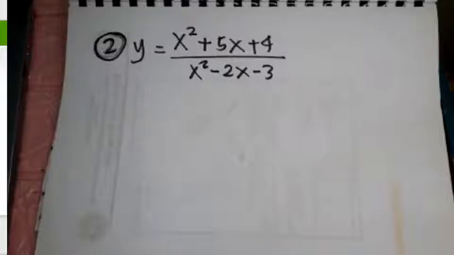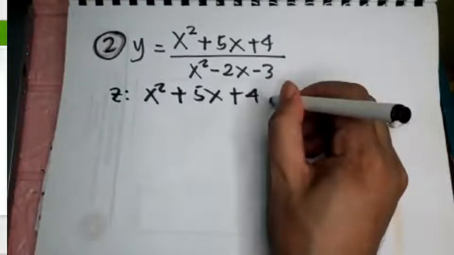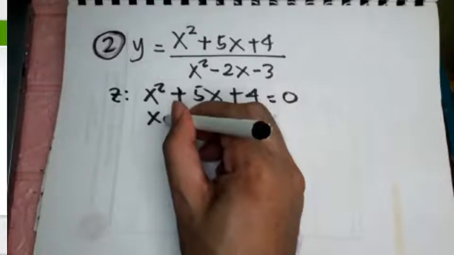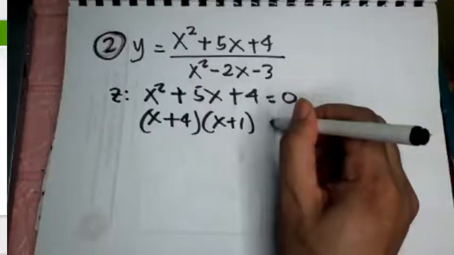So, let us solve for the zeros. So, zeros, that is the numerator. So, numerator x squared plus 5x plus 4 is equal to 0. And therefore, we can factor: x plus 4 and x plus 1 is equal to 0.